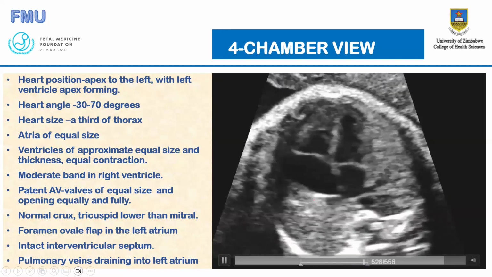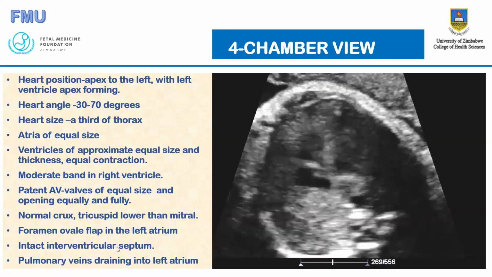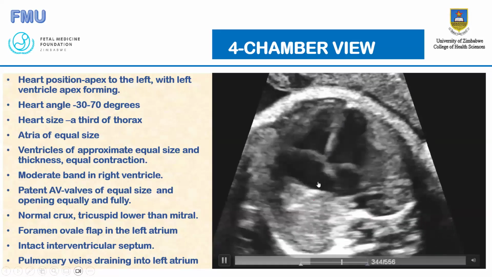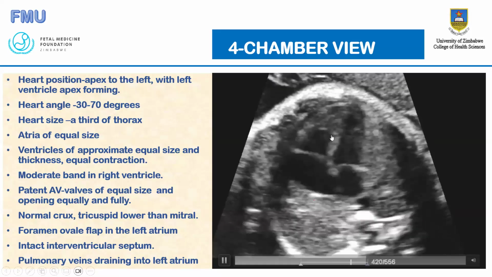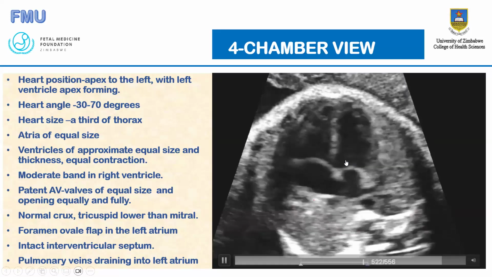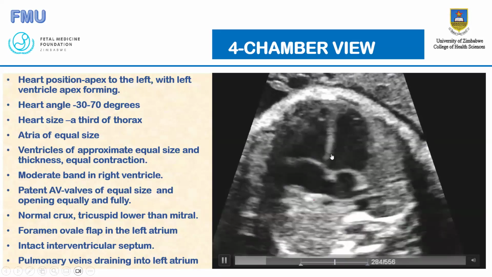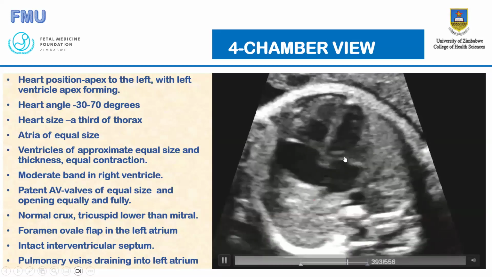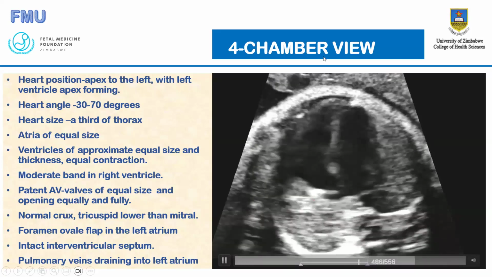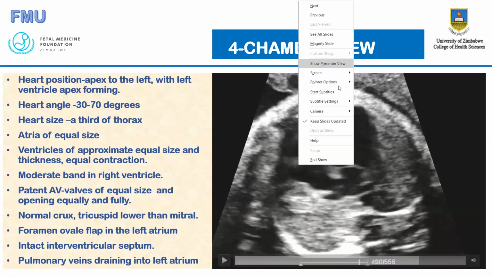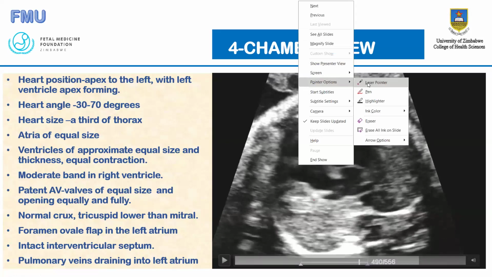Right. So then the interventricular septum should be intact. This is not the right plane to examine the interventricular septum. Why? Because there's always a drop-down effect that will make you think there's a hole here, right at the end, if you don't look carefully.